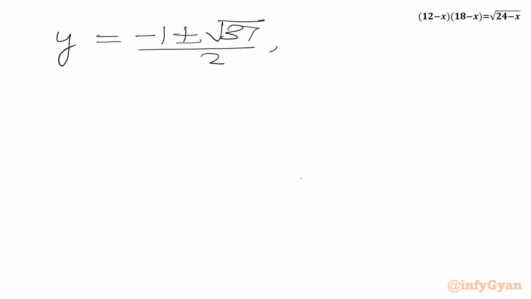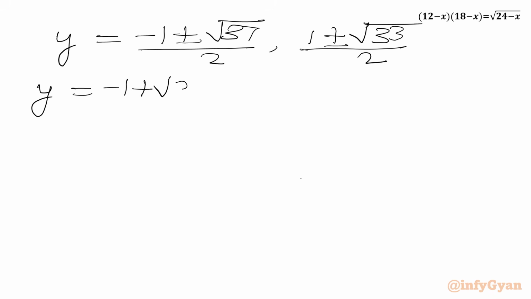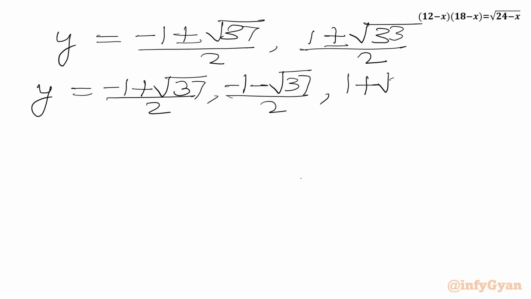Let me write here y equal to minus 1 plus minus square root 37 over 2, 1 plus minus square root 33 over 2, or we can write y will be equal to minus 1 plus square root 37 over 2, first solution, minus 1 minus square root 37 over 2, second solution, 1 plus square root 33 over 2, third solution, and last fourth solution is 1 minus square root 33 over 2.